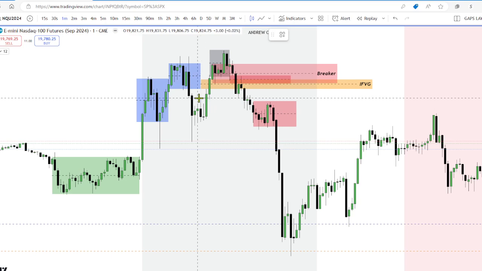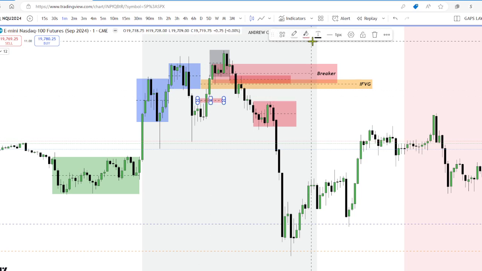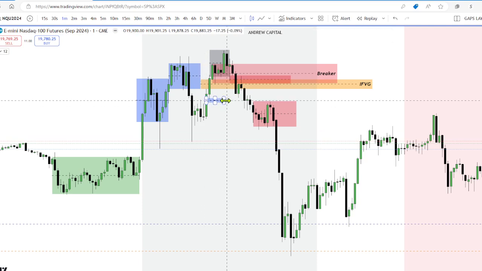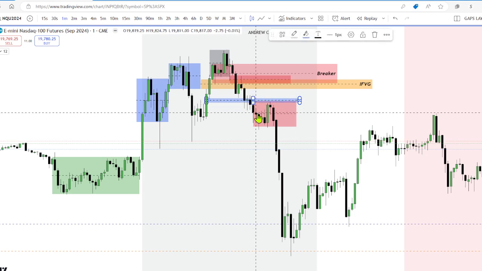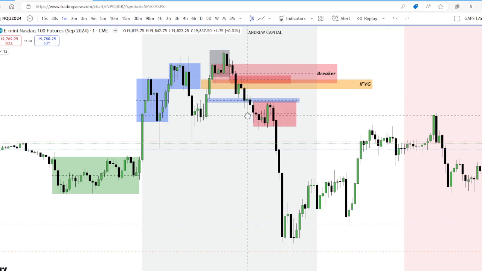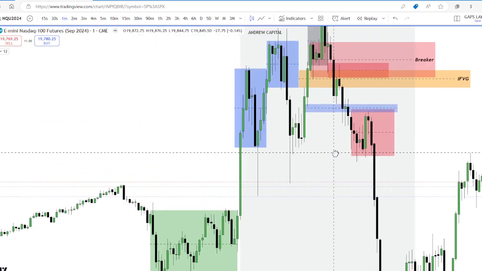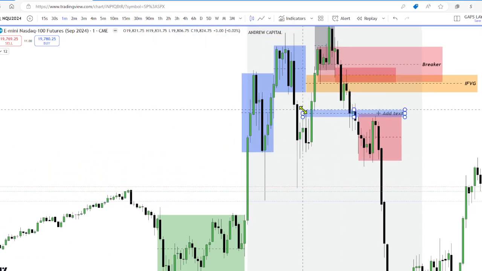We have this next PD array as a checkpoint, which was a bullish fair value gap in here. Once we trade below, we then use it as resistance. So if we fine tune this a little bit here, and here. There we go.